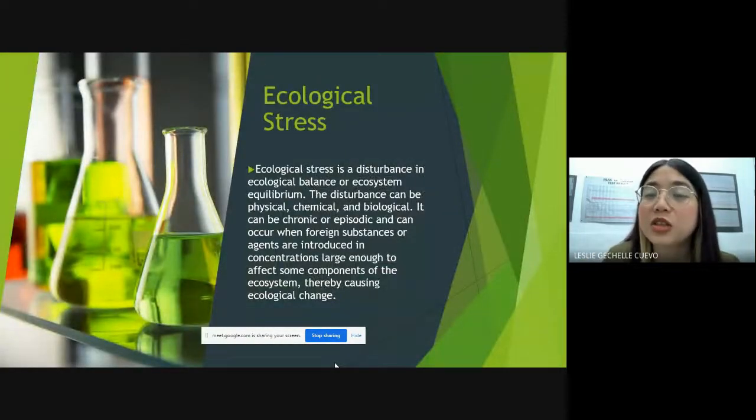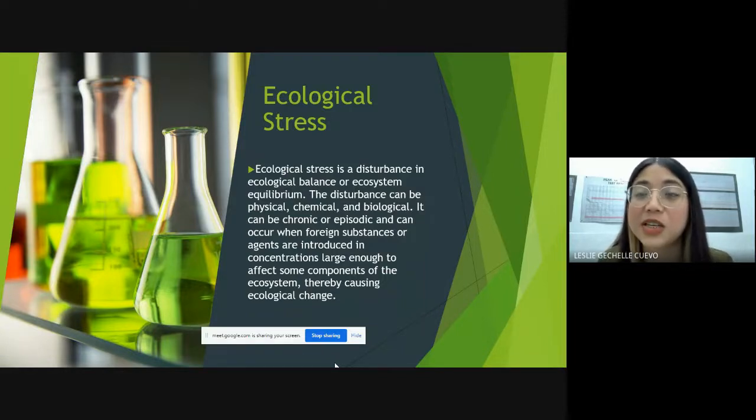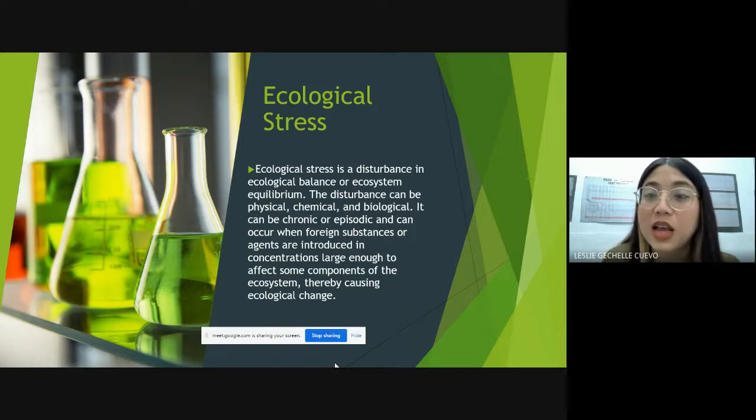Okay. Ecological stress. It is a disturbance in ecological balance or ecosystem equilibrium. The disturbance can be physical, chemical, and biological. It can be chronic or episodic and can occur when foreign substances or agents are introduced in concentrations large enough to affect some components of the ecosystem, thereby causing ecological stress.